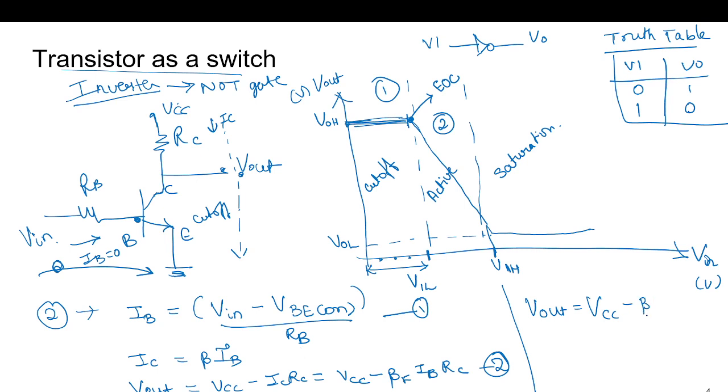So beta F RC, and substituting the equations, it is Vin minus VBE on. Okay, so you can see there is a negative slope, beta F RC by RB. This is the slope. This negative slope indicates it's a discharging.